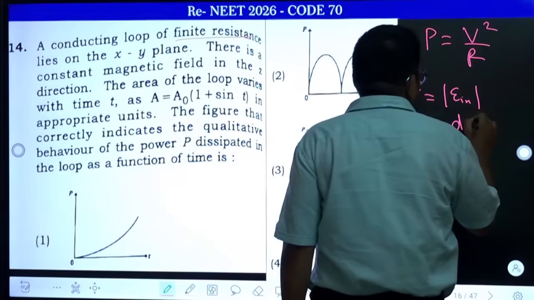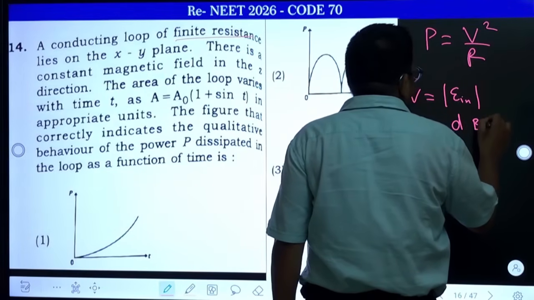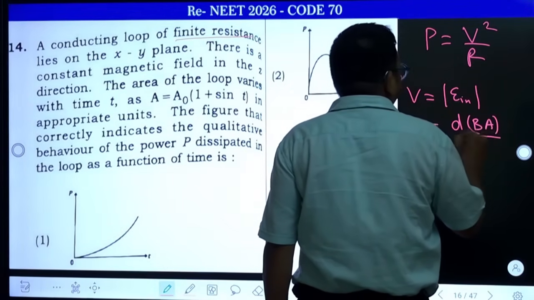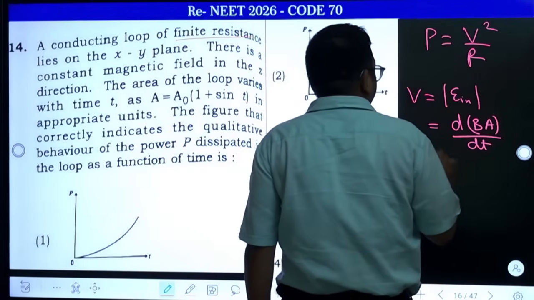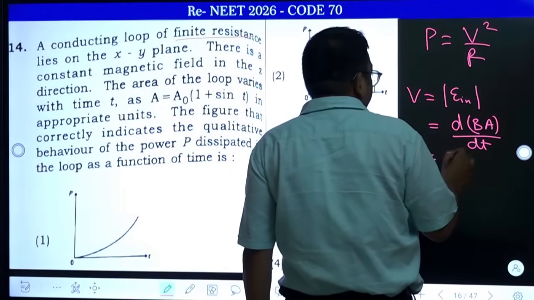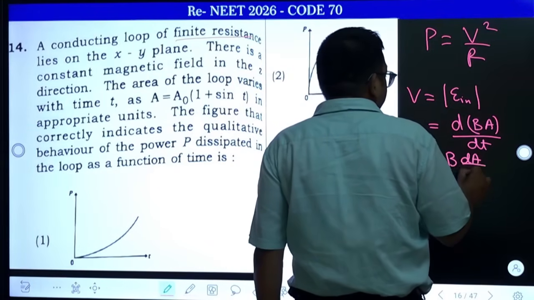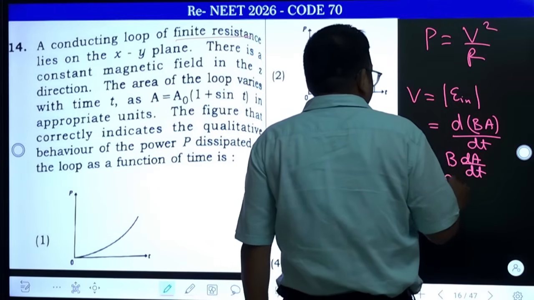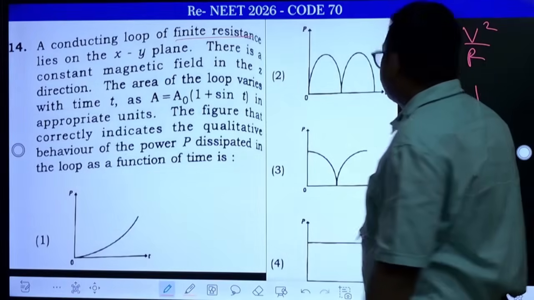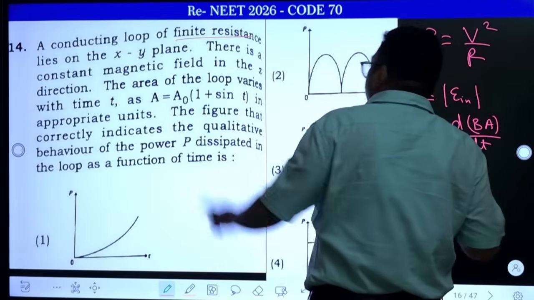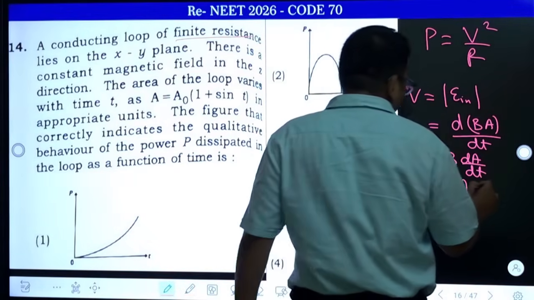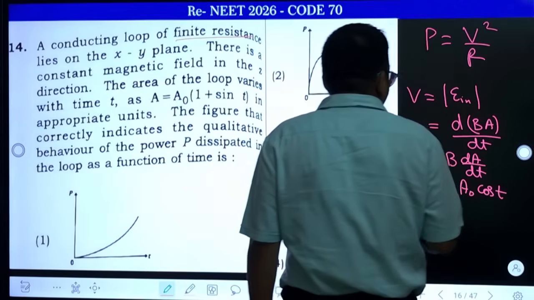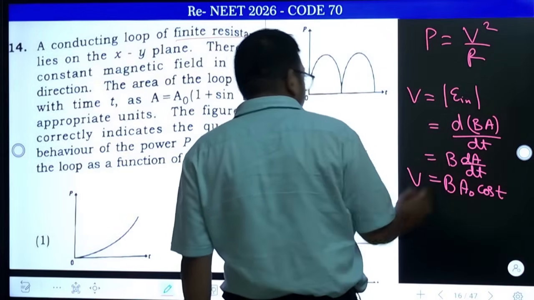Magnetic flux is B into area, right? So B is constant, dA by dt you have to differentiate area. So when you differentiate area, A naught comes out. One differentiation 0, sine differentiation will become cos. This is what V is. Now you put it here.